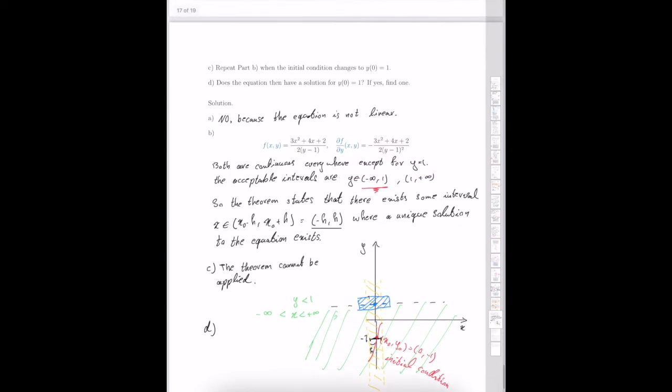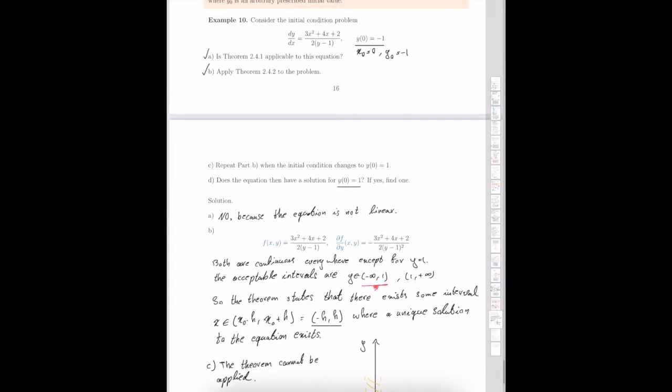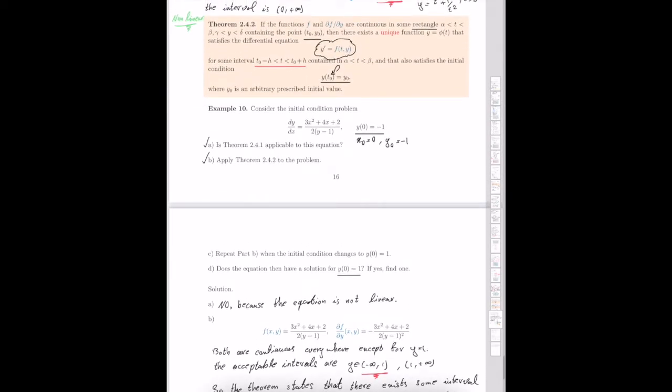It asks, does the equation have a solution when we change the initial condition to y0 equal to 1? Now just note that what happened in part C was that we found that the theorem cannot be applied in this case. Now, the theorem not being applied does not mean that there does not exist a solution or even a unique solution. It simply means that this theorem cannot be applied.